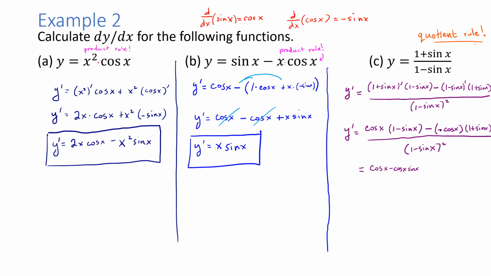And then here, minus negative, so plus cosine x here, I'll distribute another cosine x. So just did some distributing there.